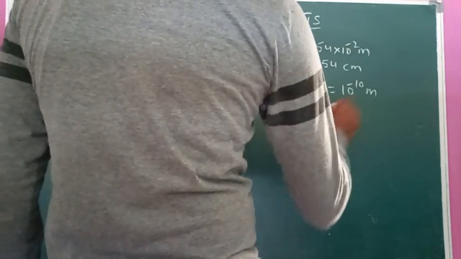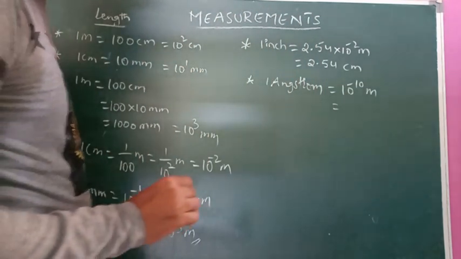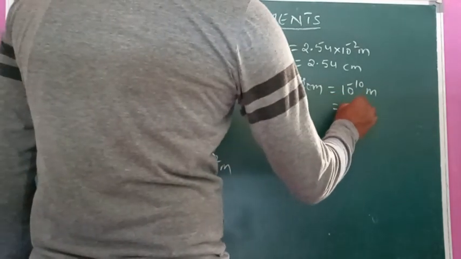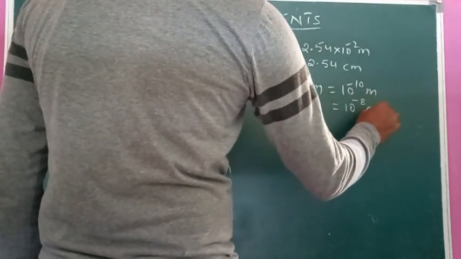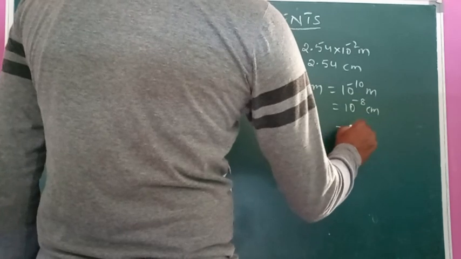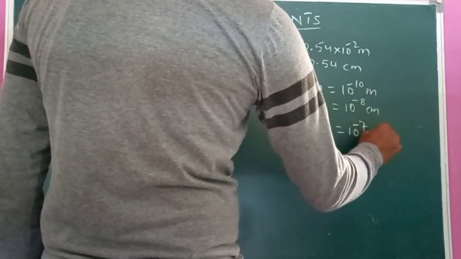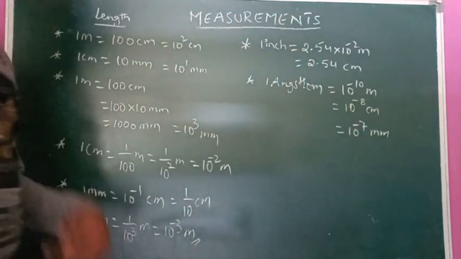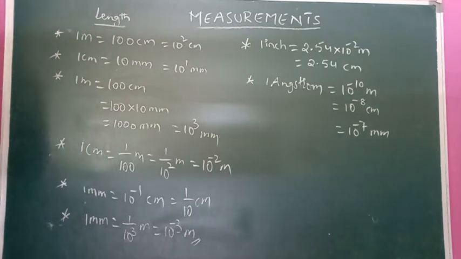If you write this value in centimeters, that is 10 power minus 8 centimeters. In millimeters, 10 power minus 7 millimeters.